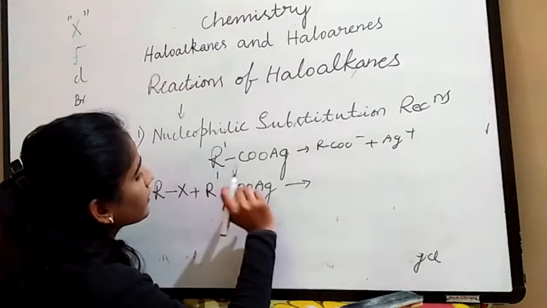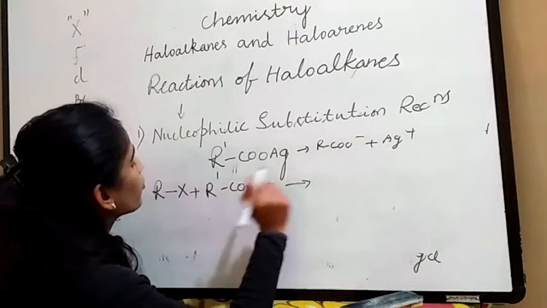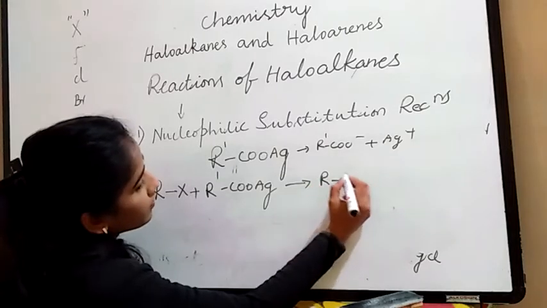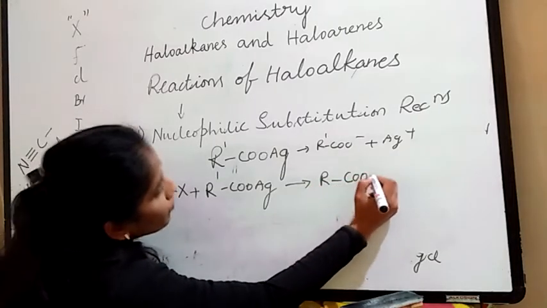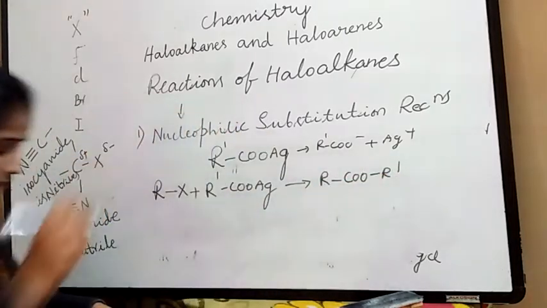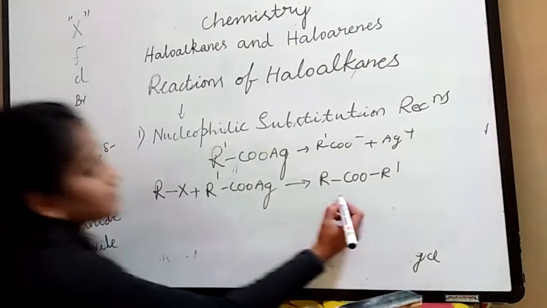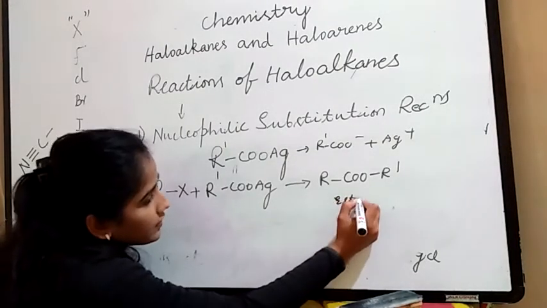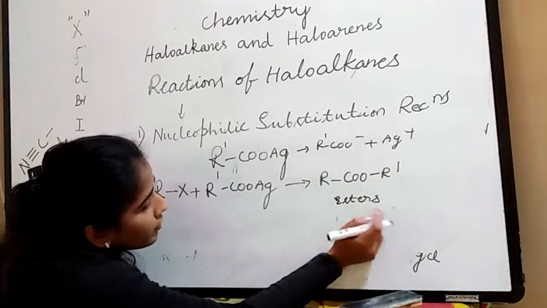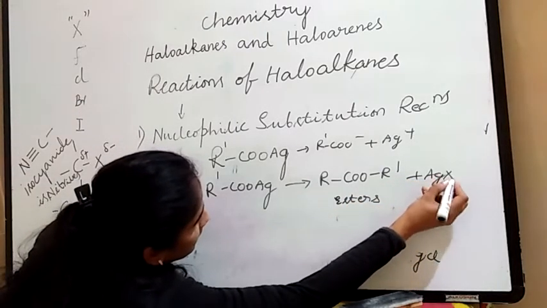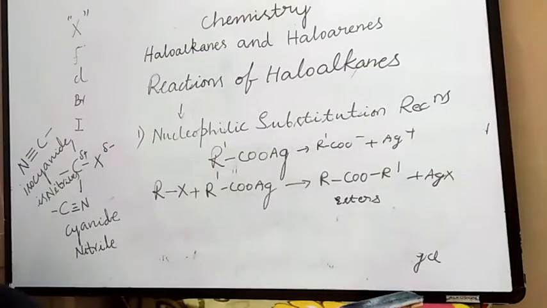Which is the nucleophile here? R dash COO minus, right? So RCOOR dash. This is an ester. Formation of esters will take place. This is a general formula of esters, plus AgX.